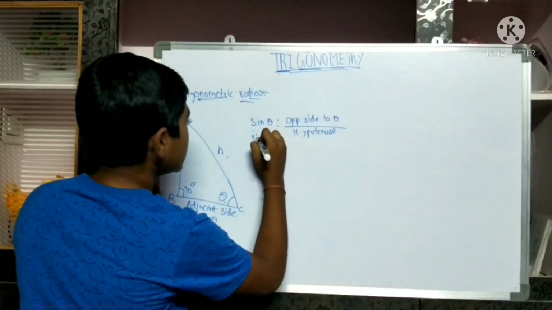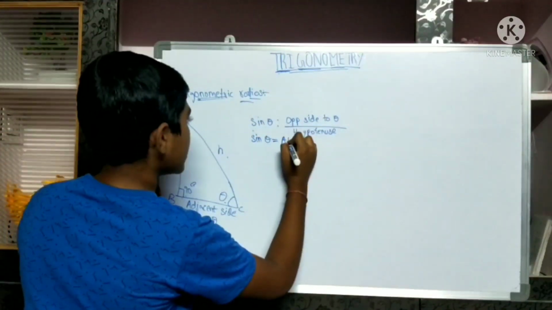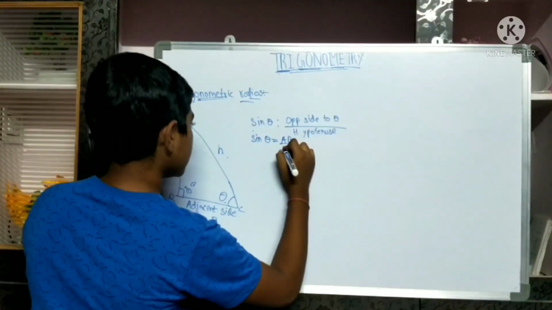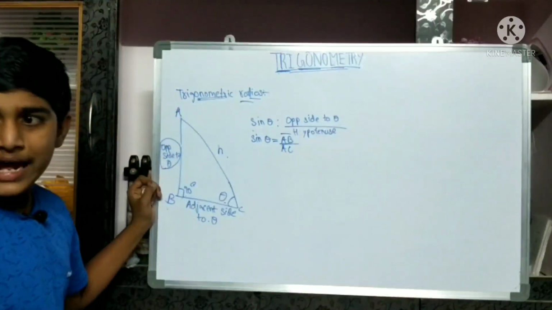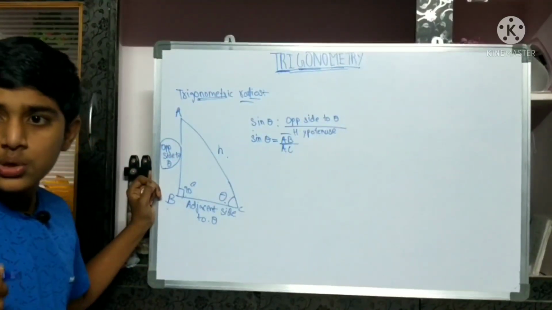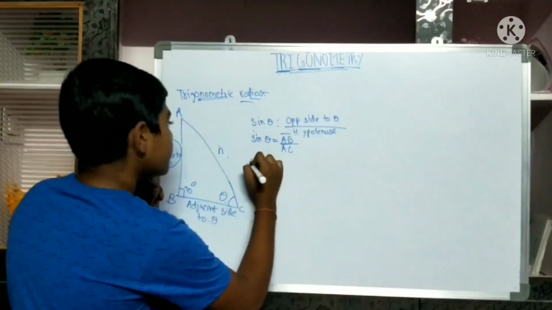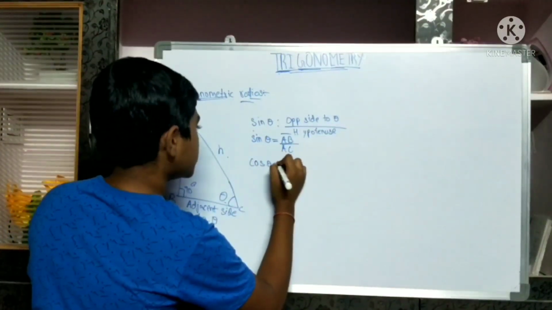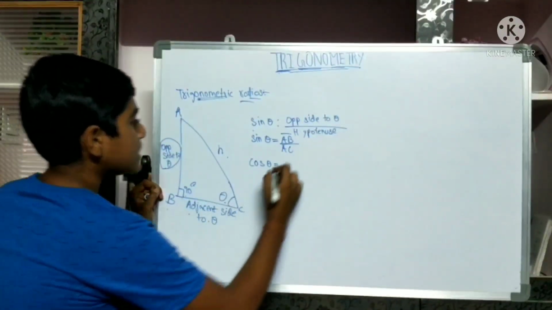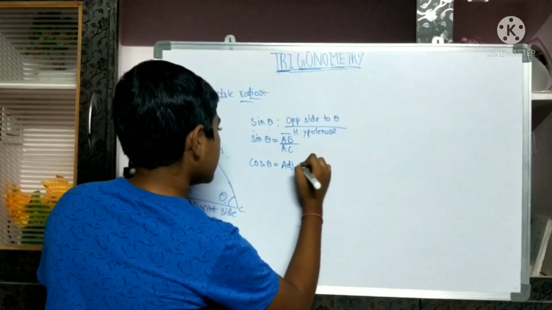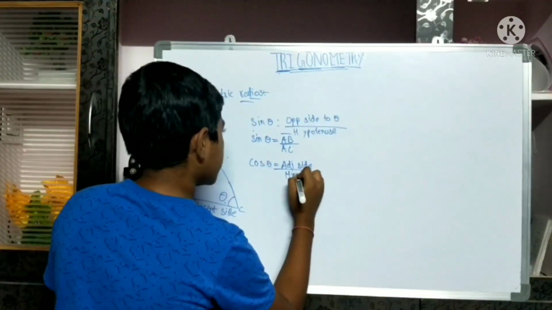So we know what is sin theta. Sin theta will be equal to AB by AC. Side AB by AC is equal to sin theta. And our next trigonometric ratio is cos theta. What is cos theta? Cos theta means the adjacent side by hypotenuse.